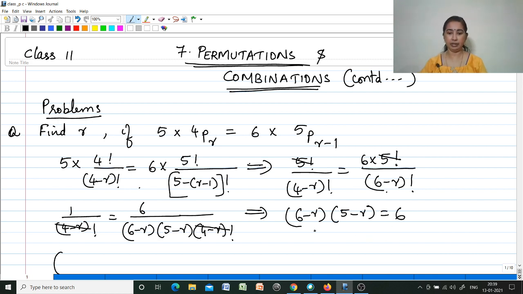Now expanding, 6 into 5 is 30, minus 6r minus 5r, that is minus 11r, plus r square, is equal to 6. Taking 6 to this side, we get r square minus 11r plus 24 equal to 0.